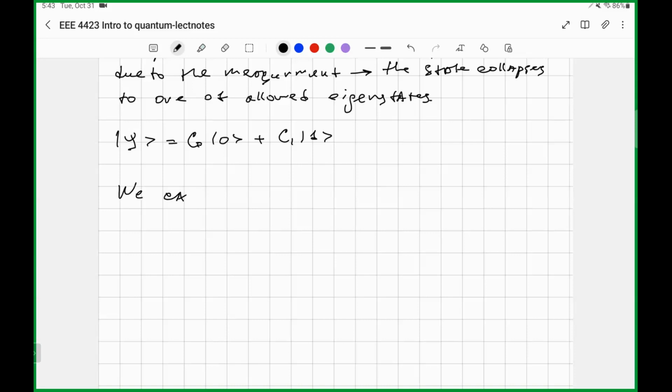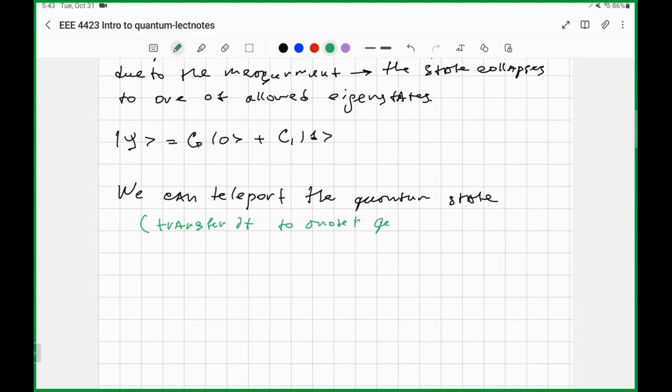We can teleport the quantum state, or in other words transfer it, to another qubit without measurements. This "without measurements" is important.